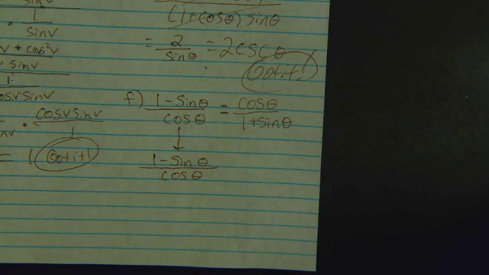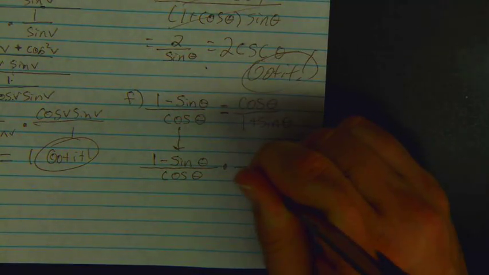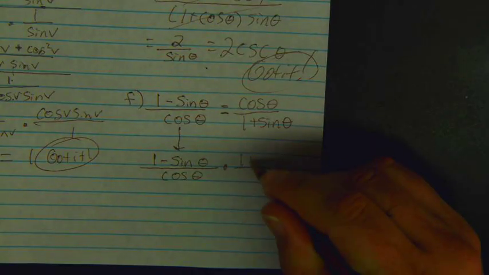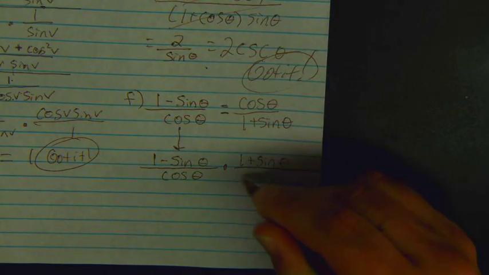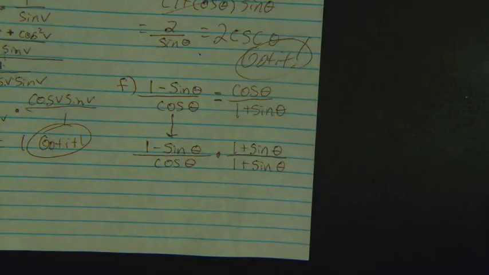Yes. Sometimes, remember, you've done this in the past where you multiply by the conjugate of either the numerator or denominator, which is when you multiply by the same thing with the opposite sign. And sometimes we do that to get rid of something. In this case, you'll see why.